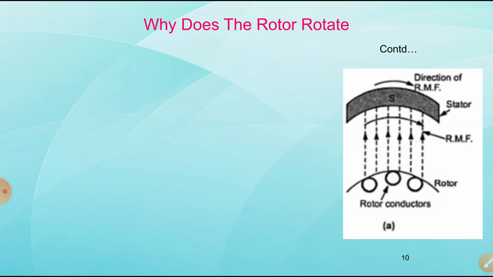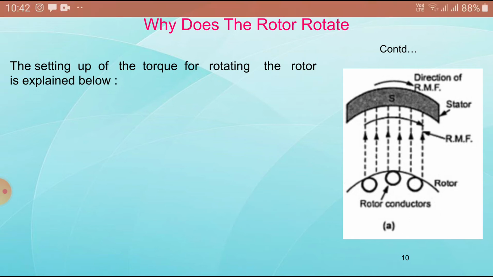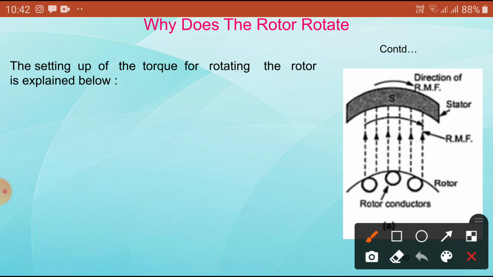Let us assume the setting of the torque for the rotating rotor is explained as follows. In figure 1, the stator field is assumed to be rotating in the clockwise direction. For example, you can see here the rotating magnetic field is rotating in the clockwise direction.